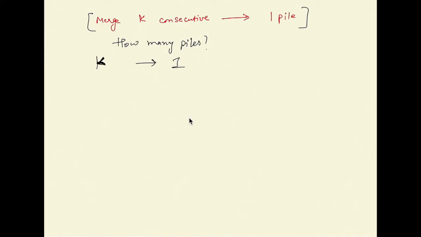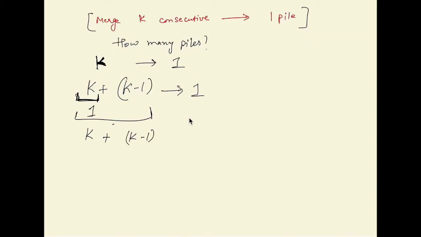Let's say if we have k plus k minus 1 piles, in that case we can first merge these k stones into one pile, and then we'll again have k stones and we can merge them into one pile. Similarly, if we have k plus k minus 1 plus k minus 1 stones, then we can merge these k into one pile, then merge these k into one pile, then merge these k into one pile.